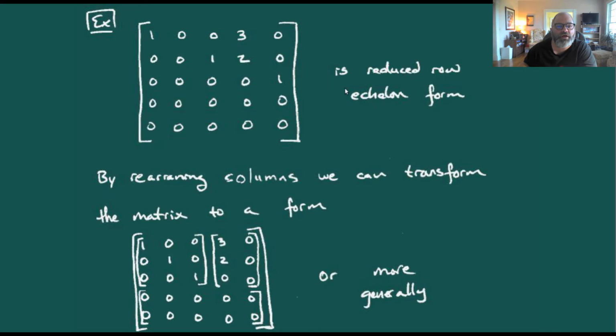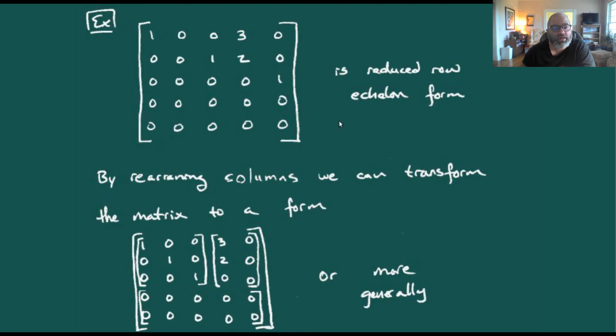What that gives us is a matrix like this in reduced row echelon form, where we've got all of our 0 rows at the bottom. We've got our leading elements there, there, and there. The leading elements successively move to the right as we move down the rows, and in the columns where we do have leading elements, all the other entries are going to be 0 above and below.